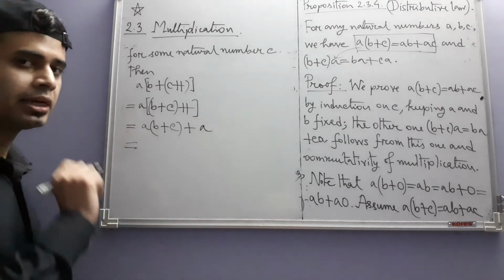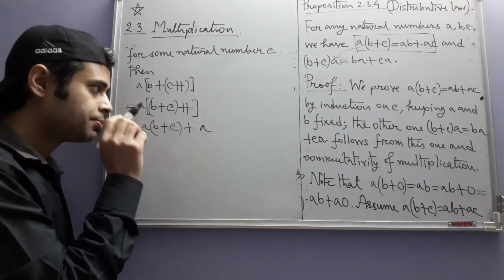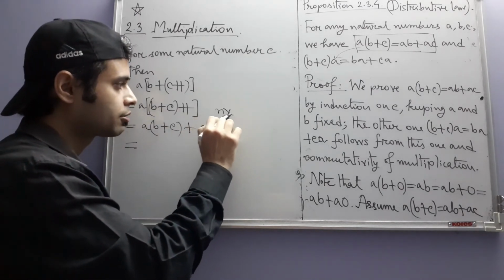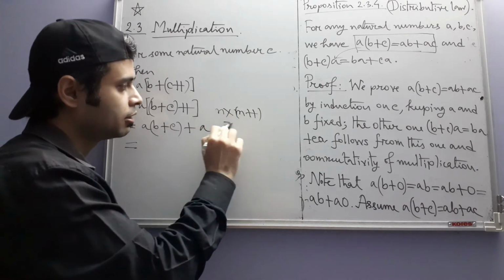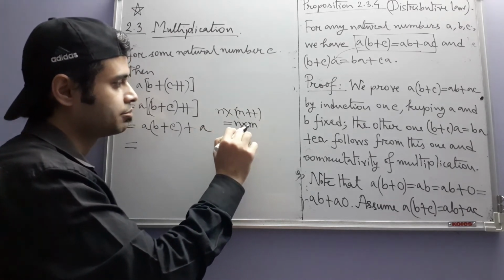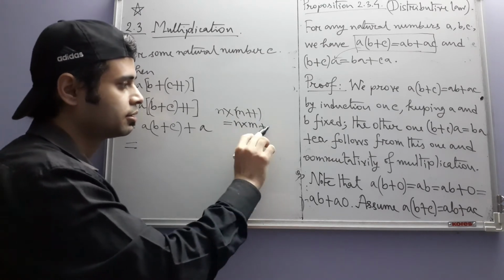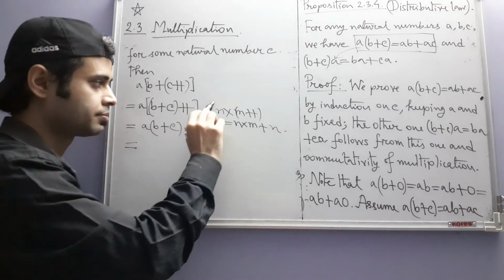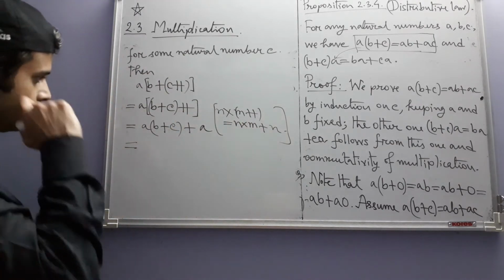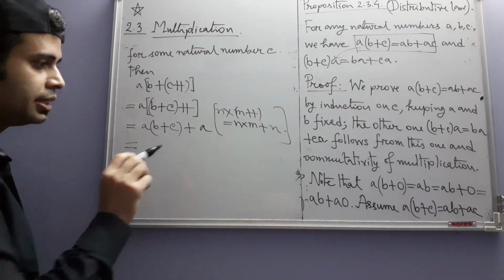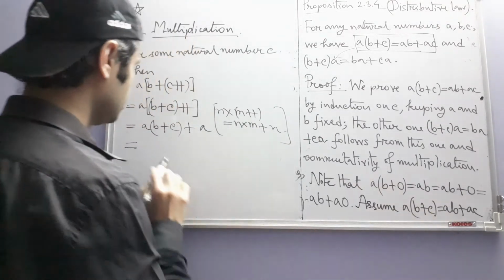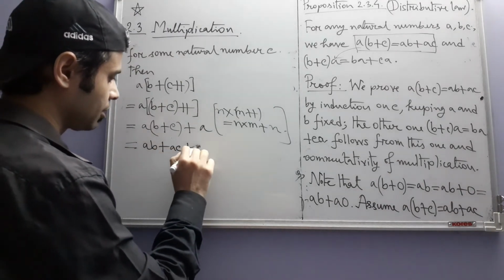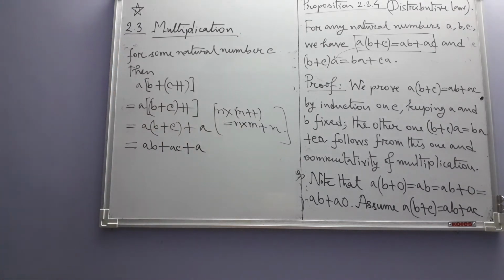What have I used here? While proving that multiplication is commutative, we have proved this: n times m++ is equal to n times m plus n. This is what we have used here. Now this is where we need the induction hypothesis. So this is equal to AB plus AC plus A, right?